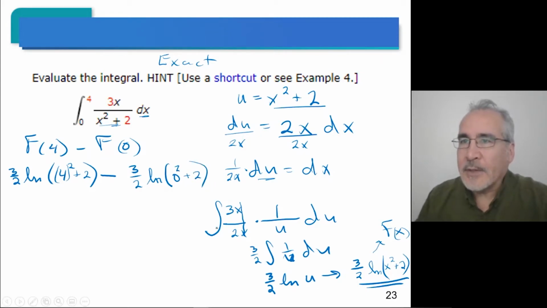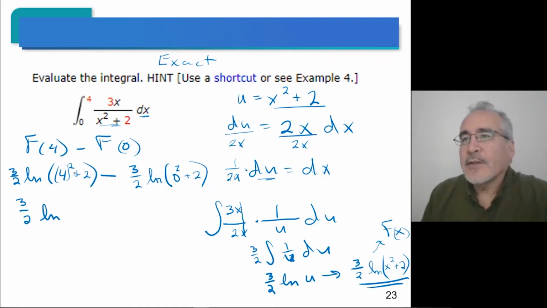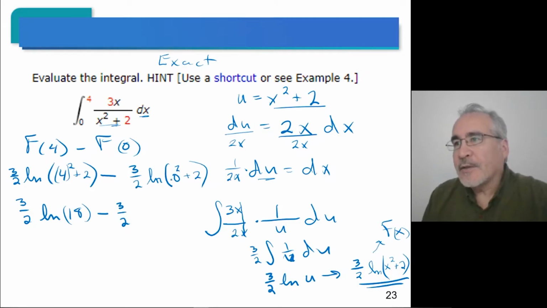Again, we got sloppy. We didn't put the absolute values, but you're going to see we're going to get positive values, so we don't have to worry about that. So we get 3/2 natural log. 4 squared is 16. 16 plus 2 is 18. Minus 3/2. 0 squared is 0. 0 plus 2 is still 2.